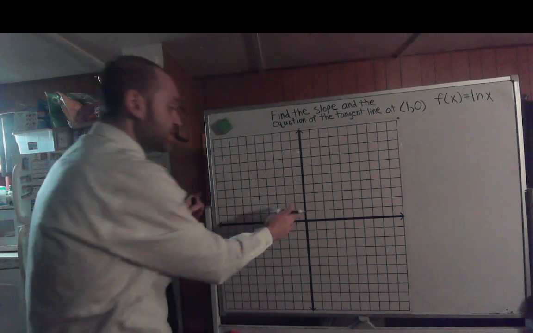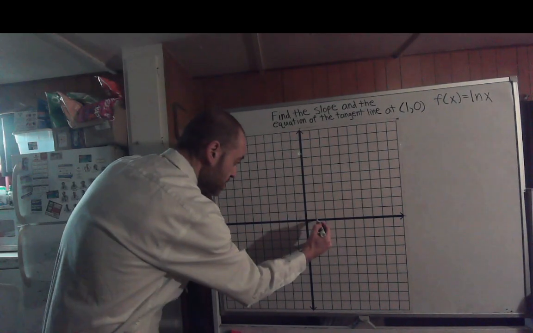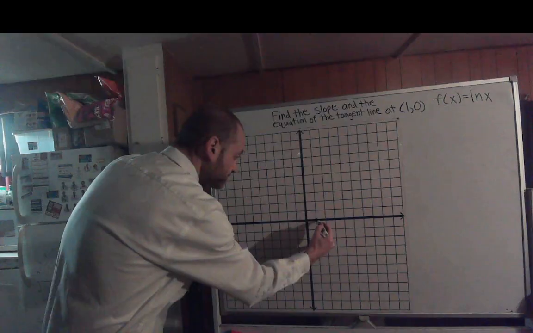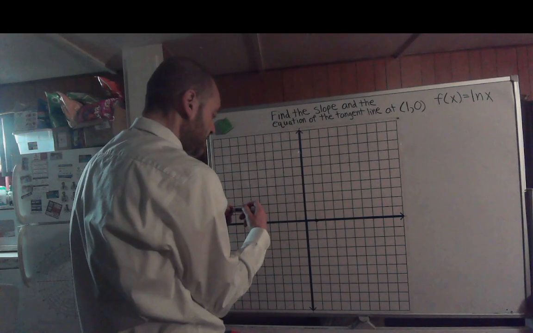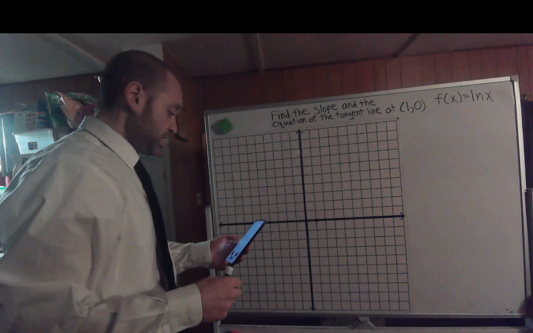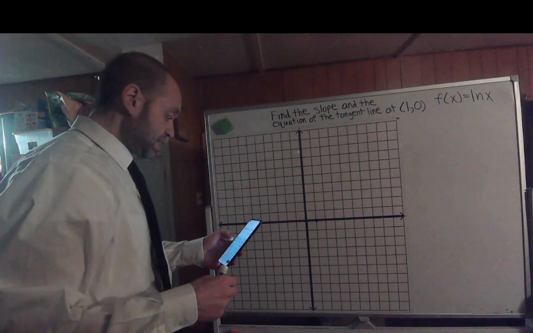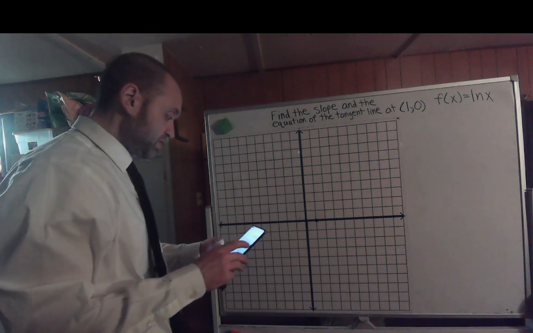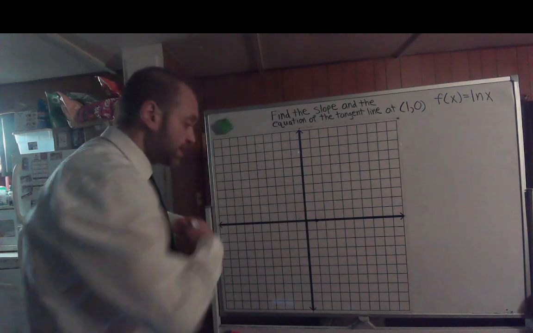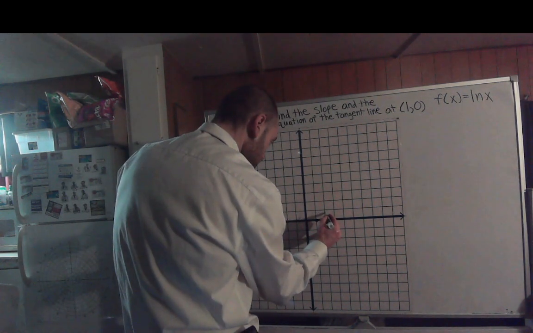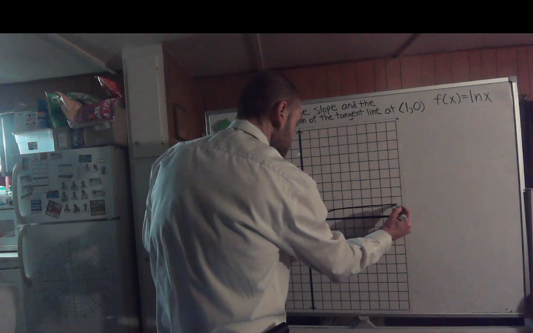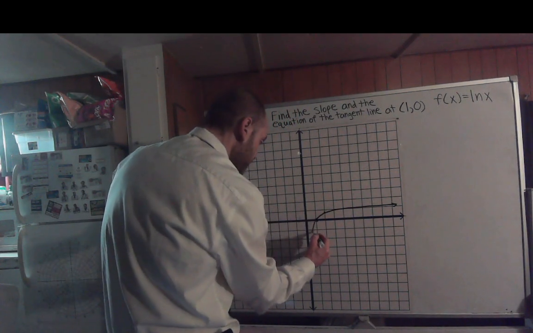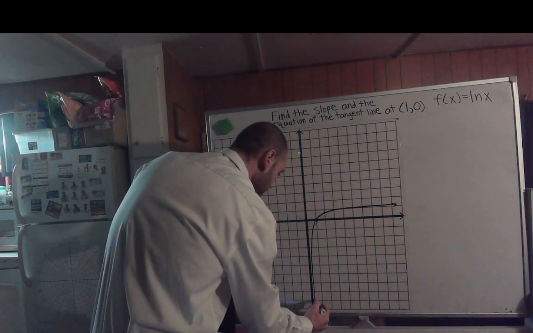So we're going to graph the natural log of x. So we know at 1, 0, it crosses through. And then we know at 2, well, let's see what the ln of 2 is. I'd like to try to get as close as possible. So the ln of 2 is about 0.6931. So in fact, your curve does something like this, and then it goes down and rides along where x equals 0.